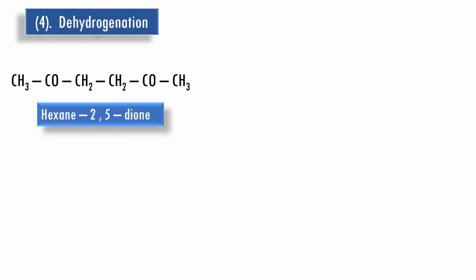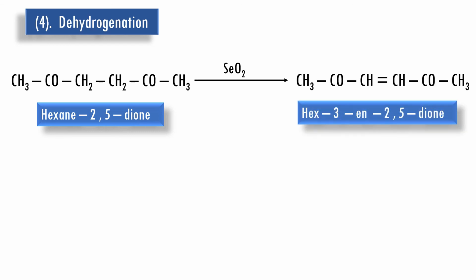Fourth application is dehydrogenation. When hexane-2,5-dione is oxidized in the presence of selenium dioxide, it is converted into hex-3-ene-2,5-dione. In this example, the CH2CH2 group is converted into a CH double bond CH.